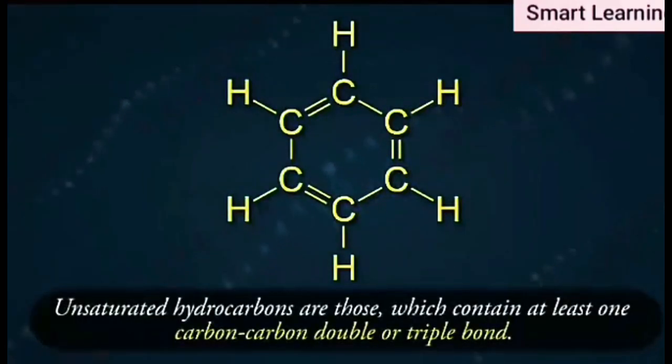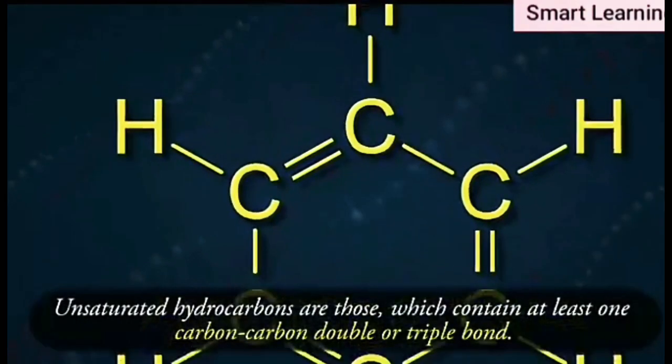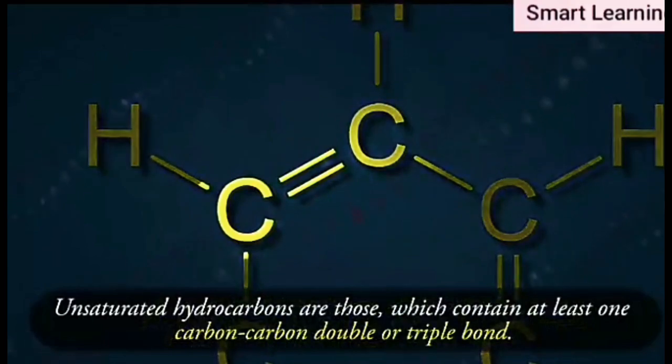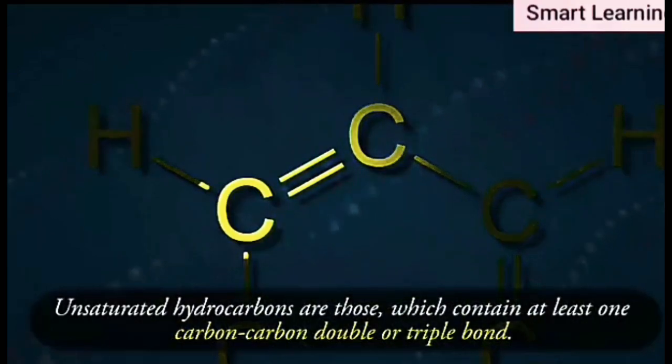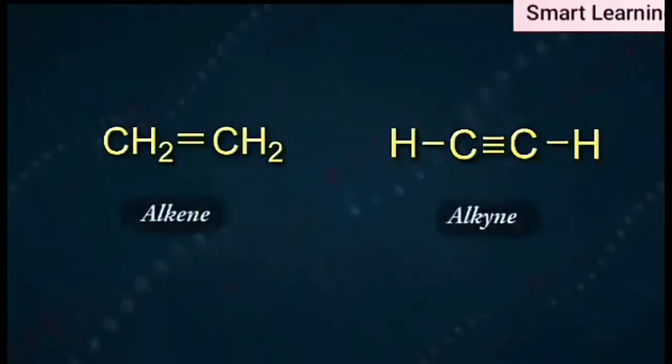Unsaturated hydrocarbons are those which contain at least one carbon-carbon double or triple bond. The IUPAC name for a homologous series of such compounds is alkene and alkyne respectively.